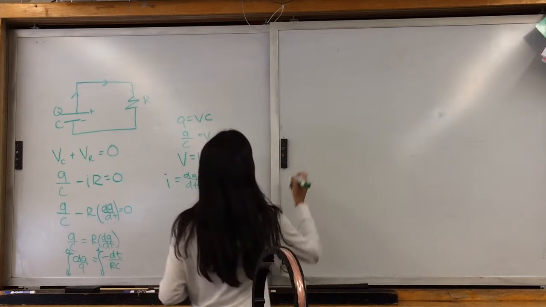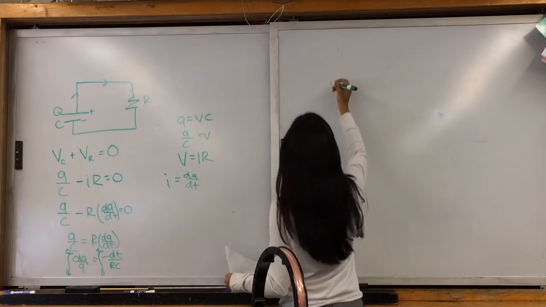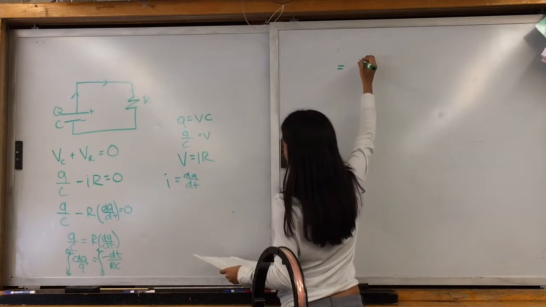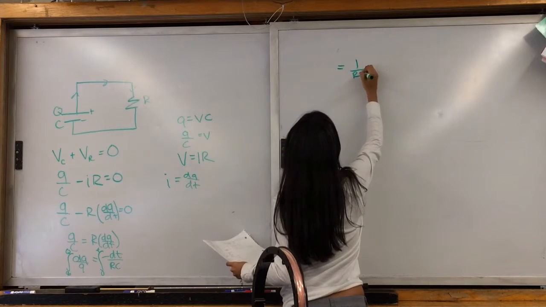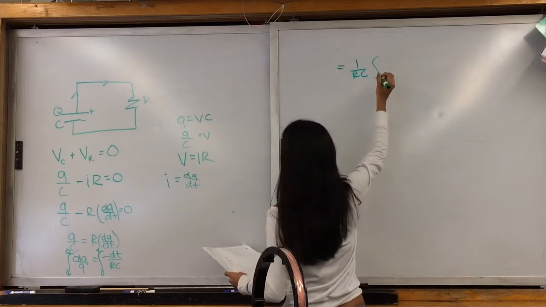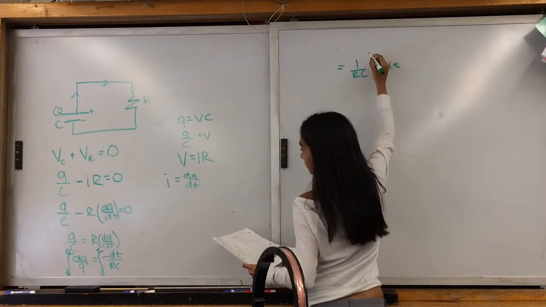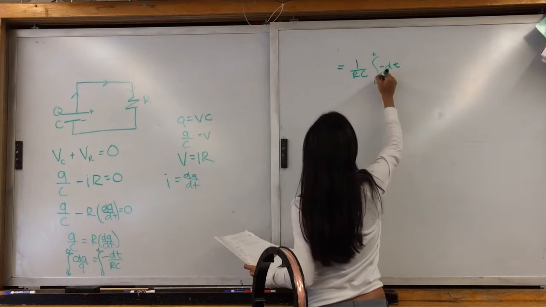And so you can pull out the constants on the right-hand side to get 1 over RC, the integral of negative dt from 0 to t.